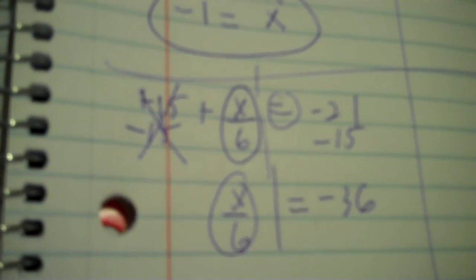Okay, you cross that out because it's 0. So x divided by 6, sorry. Then negative 21 minus 15 is negative 36. Okay, now I've still got the x divided by 6.